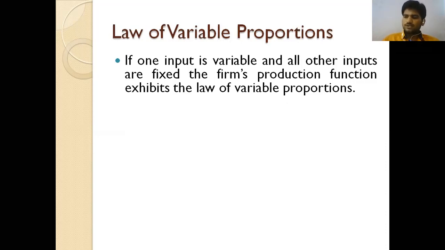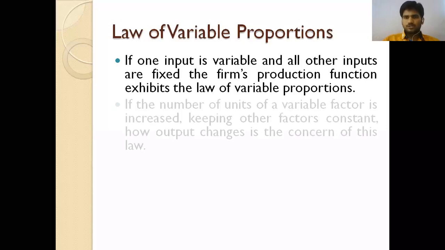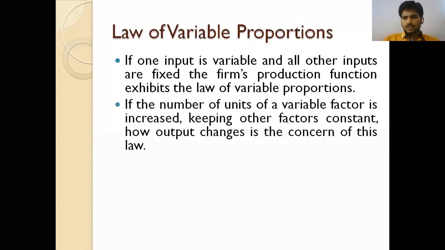Then we have to see how this law is applied. We have different types of inputs. One input we are going to vary and the other inputs are going to be fixed. Then we need to look at this law of proportions. If the number of units of the variable factor is increased, keeping the other factors constant, then we are concerned with how the output changes.